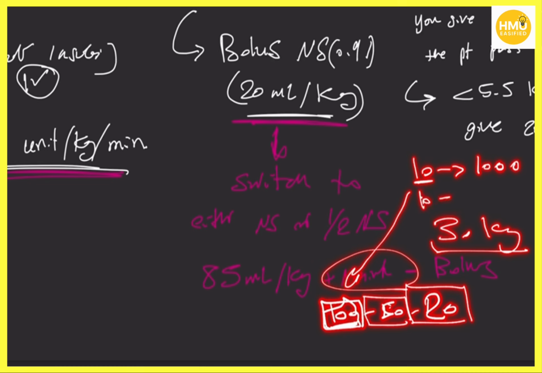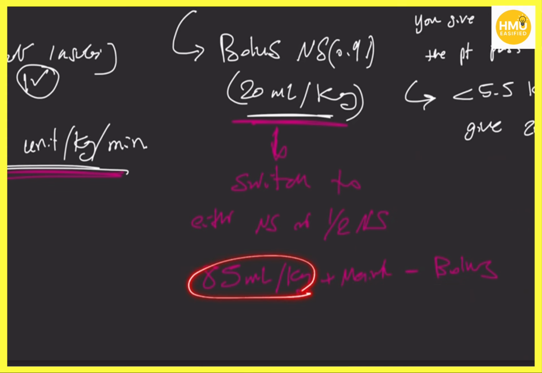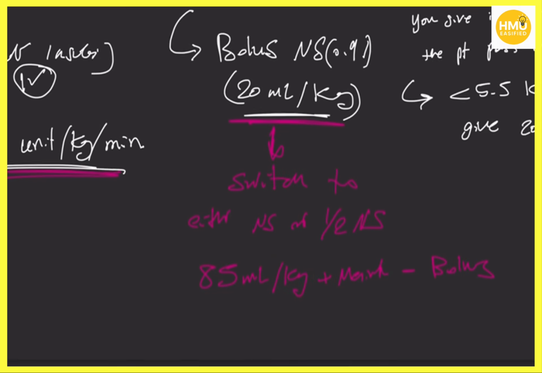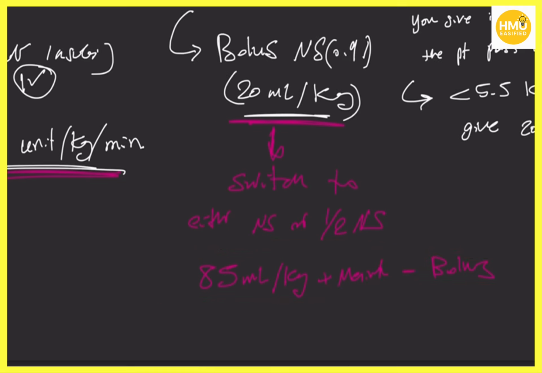The other 10 kg is multiplied by 50, which is 500. The last 10 kg is multiplied by 20, which is 200. So the patient's maintenance is 1,700 ml per day. For example, this 30 here you multiply by 85, plus the maintenance minus the bolus. It's something that really needs understanding of fluids, but it's kind of very advanced.